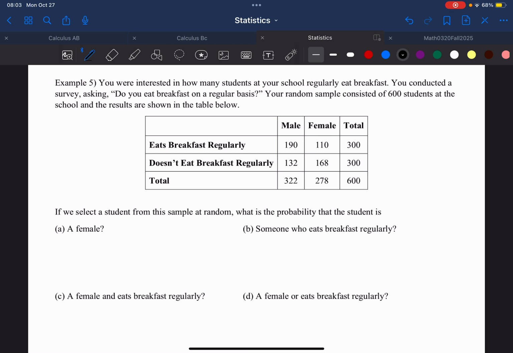Well, there were 278 females out of our 600 total, so that is 0.463. What's the probability of someone who eats breakfast regularly? That is 300 divided by the total, which is 0.5.